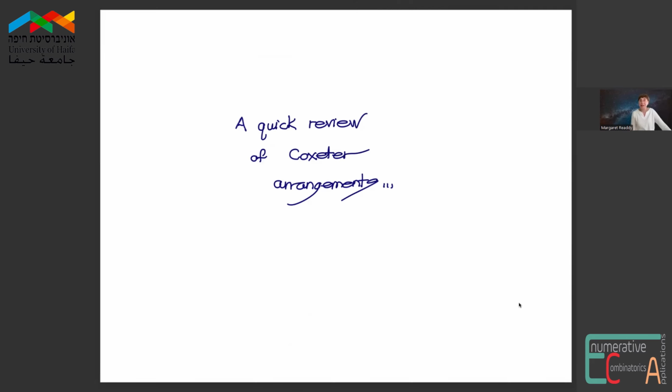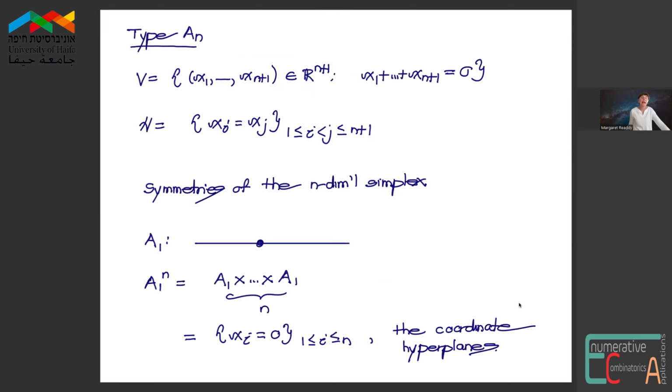So now we should actually say something about Coxeter arrangements, all the different flavors there are. Type A_n: a nice way to look at this is to declare your vector space to be the set of all vectors where the sum of the coordinates is 0. So we're looking at a subspace just to make it easier to define. All those hyperplanes are going to be of the form x_i equals x_j. The thing that's going to be very important for us is actually the case when n is equal to 1, so A_1.